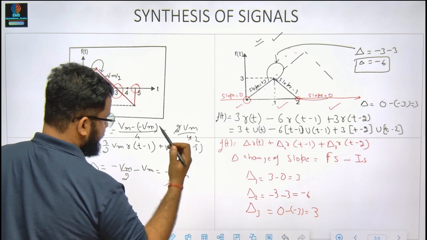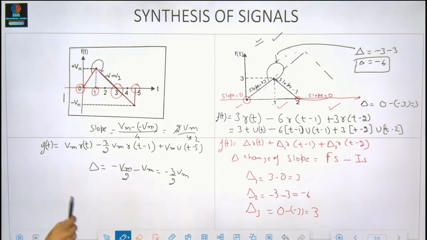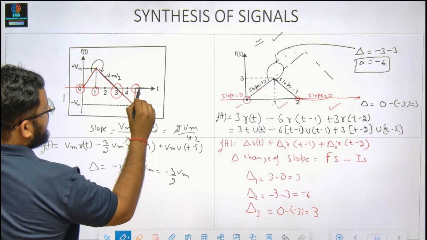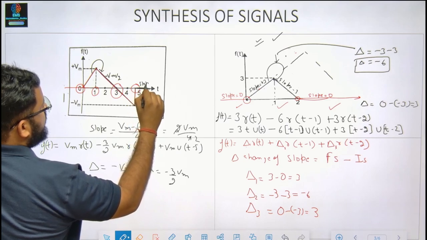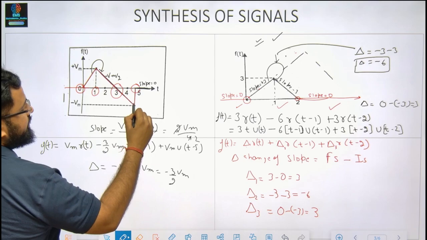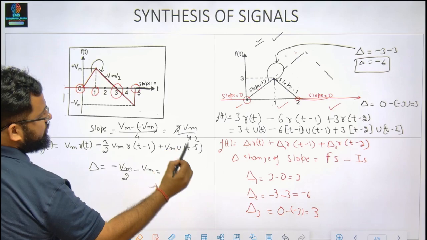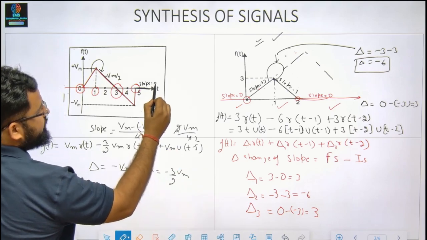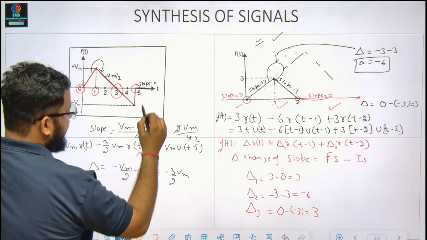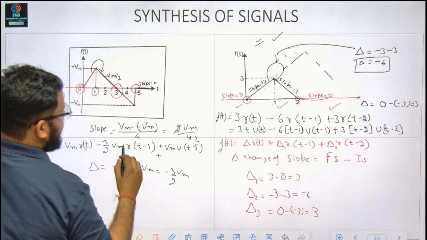But if you observe here, there is a slope of 0. Even if there is a signal jump, after the jump it will again start continuing. So this slope has to be neutralized. So again, there is another term which will come over here.